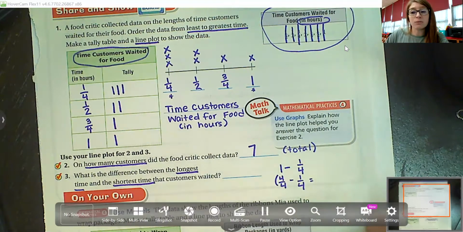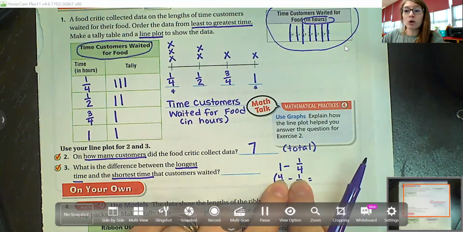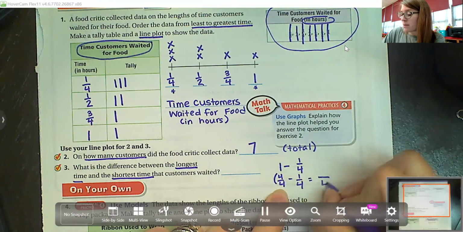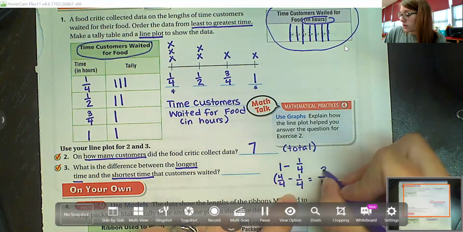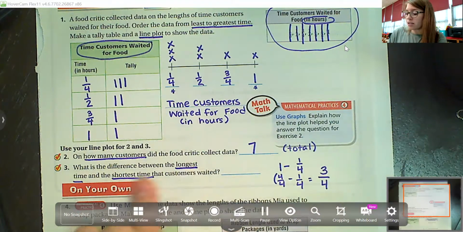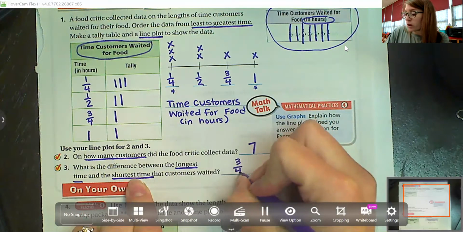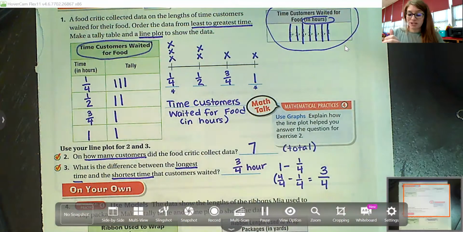Remember, when we are adding or subtracting fractions, we only add or subtract the numerators. The denominator always remains the same. So if my denominator is going to remain the same at 4, 4 minus 1 gives me what for my numerator? 3. Very good. So the difference between the longest time and the shortest wait time is 3/4 of an hour.